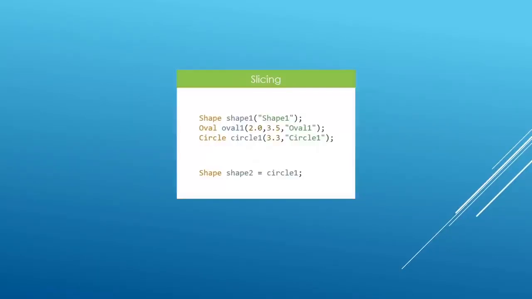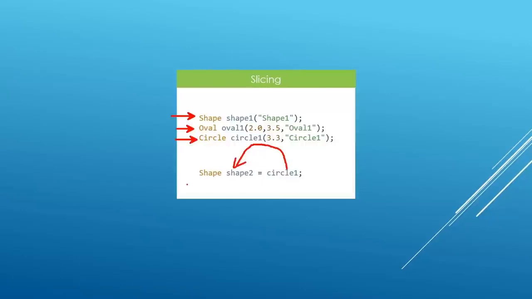Okay, the first thing I want to bring your attention to is object slicing. And we're going to look at a simple example here. We have our objects, we have a shape object, we have an oval object, and we have a circle object. And down here, we want to assign our circle object to a shape object. Now, notice that here we are not using a pointer or a reference.